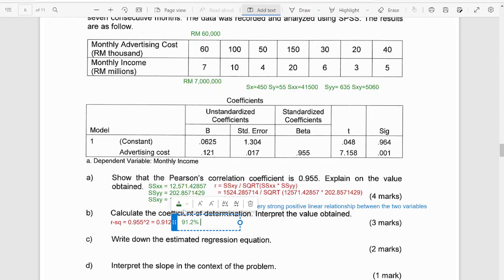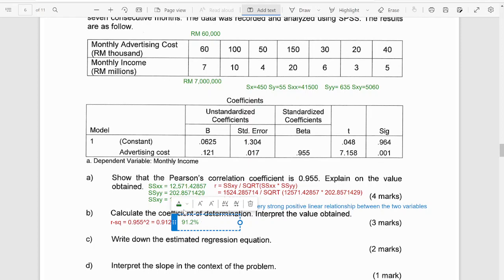So in this situation, the coefficient of determination measures the percentage variation in y that can be explained by the independent variable x. So the same thing goes for the interpretation. So what is the percentage? The percentage is 91.2%. 91.2% of what?